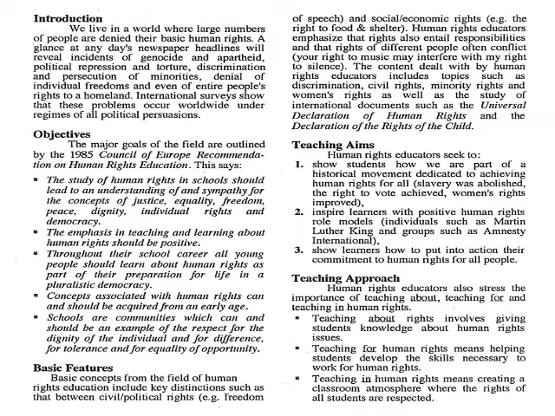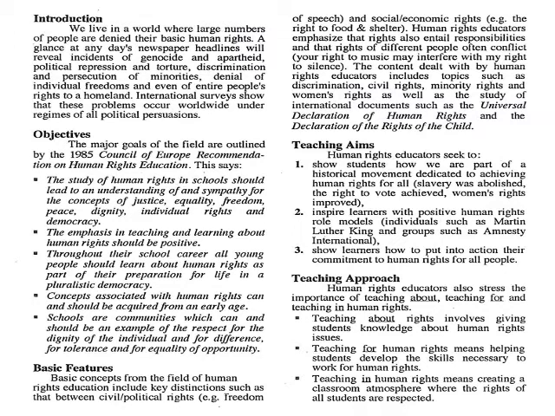Third, throughout their school career, all young people should learn about human rights as part of their preparation for life in a pluralistic democracy. This is a Council of Europe recommendation, but for us around the world, even here in Japan, preparing our students for responsible citizenship on the local, national, and global levels, that's part of why human rights education is important. Fourth point, concepts associated with human rights can and should be acquired from an early age.